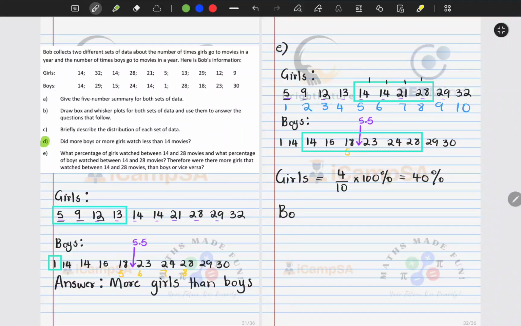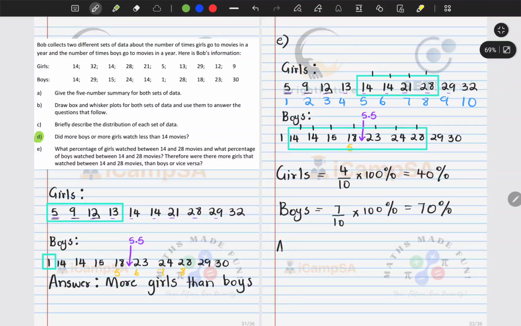Now, let's have a look at boys. With boys, what we are going to have is 1, 2, 3, 4, 5, 6. Okay. Well, I'm missing 14 here, so that makes it 7. So we have 7 over 10, then times 100%. So what we get is that 70% of boys watched between 14 and 28 movies.